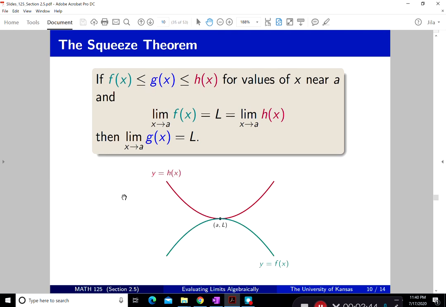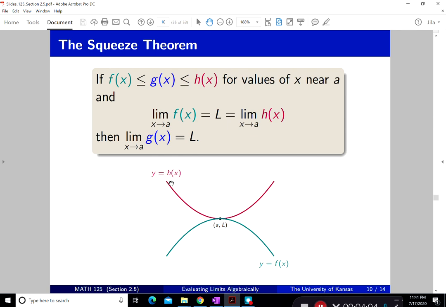When we're discussing functions that are bounded, but they wiggle around a lot. That's one of the best ways to find the limit for those types of functions.